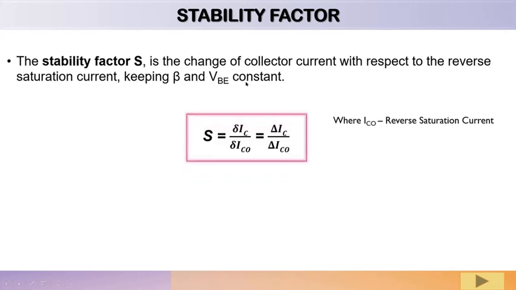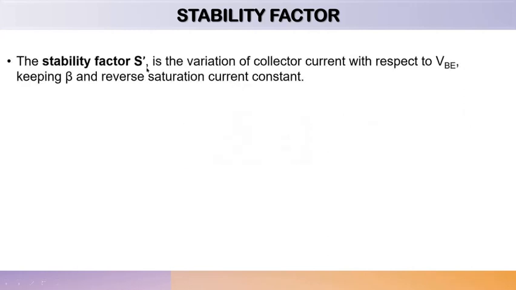So here is the change in collector current with respect to reverse saturation current, keeping current amplification factor beta and base emitter voltage constant. Now coming to the stability factor S dash, it is the variation of collector current with respect to VBE. Previously, stability factor S was the variation of collector current with respect to reverse saturation current.